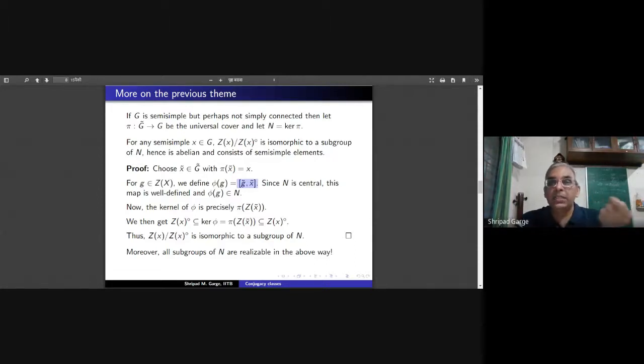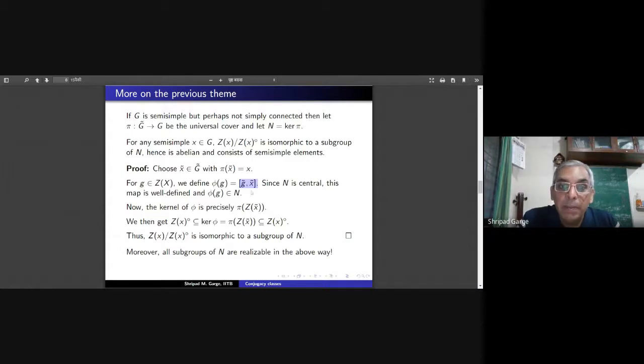X1 tilde differs from X tilde by a central element. So when you take this commutator, the central elements will all come out and cancel out, and so you get the same element. So because your N is central, this element is well defined. It does not depend on the choice of X tilde or G tilde.